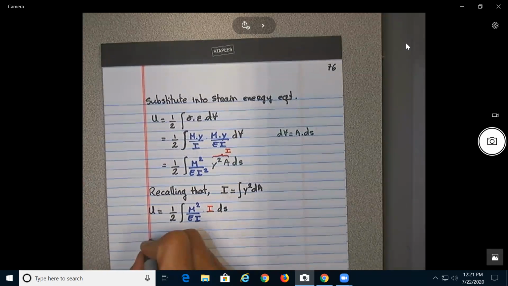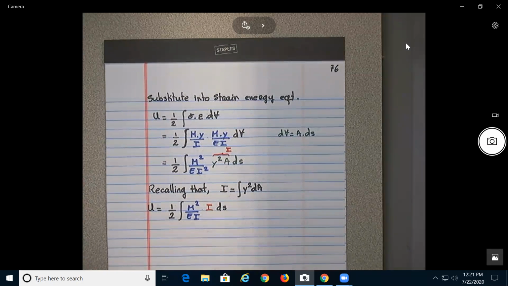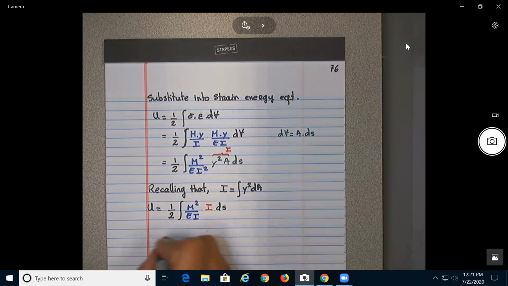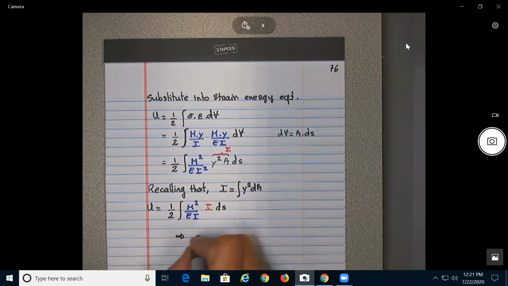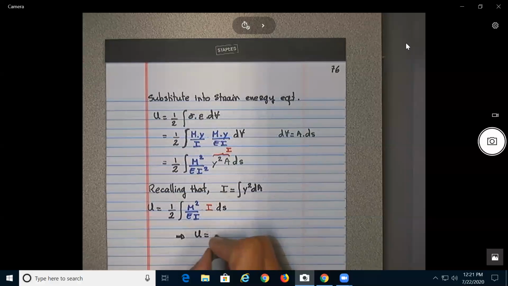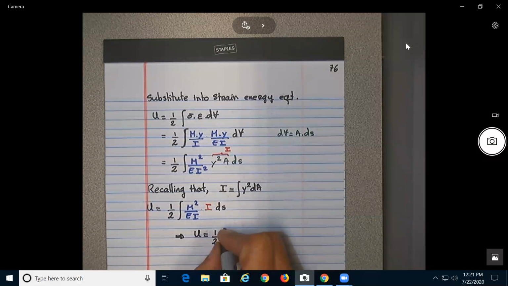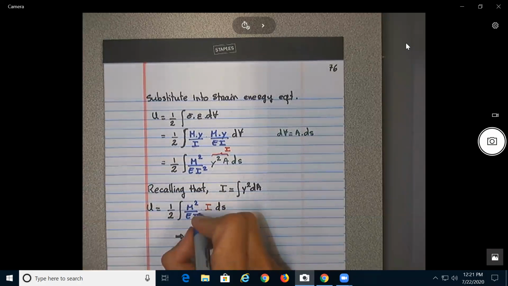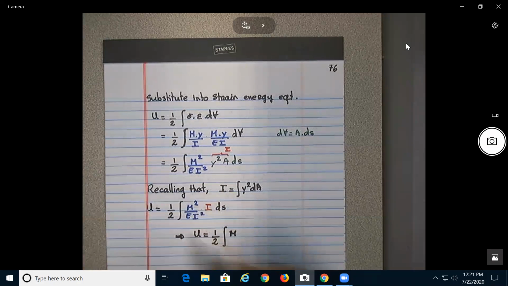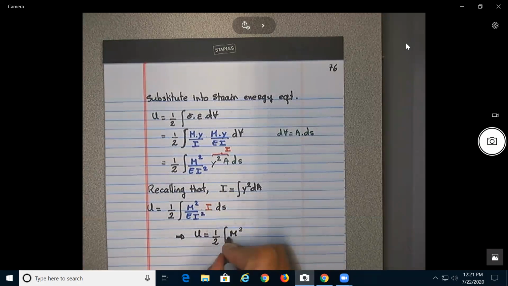So at the end we have, where did I write it on the previous page? Okay, so finally what we're going to have here is that the strain energy is equal to 1/2 integral of M squared, oops, I forgot something here, I forgot the square over here, so M squared over EI ds.